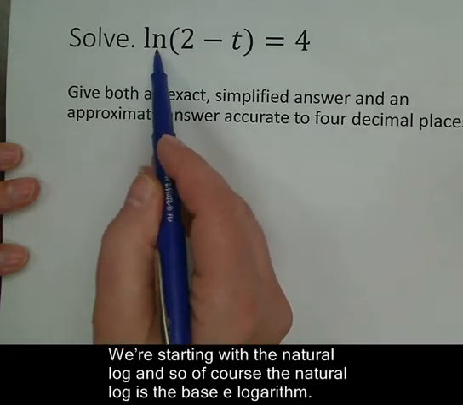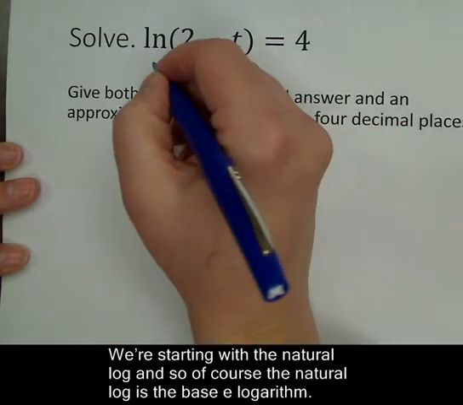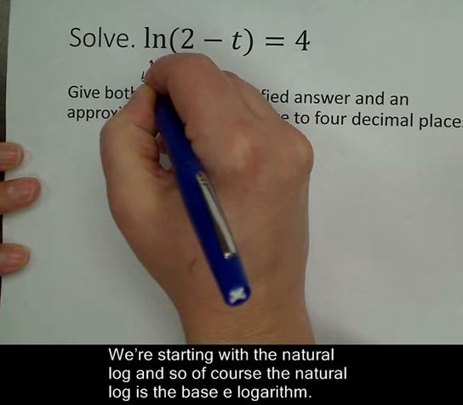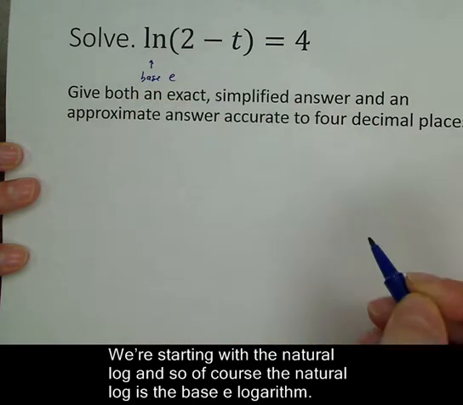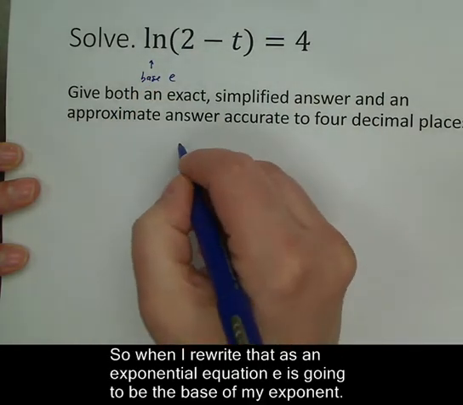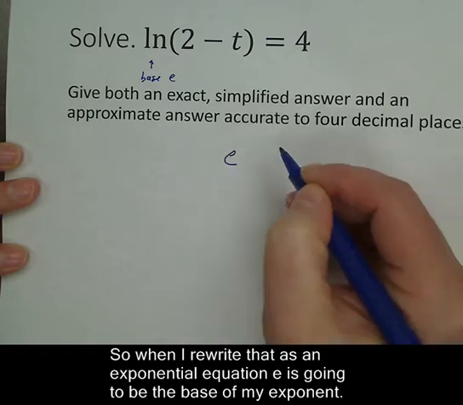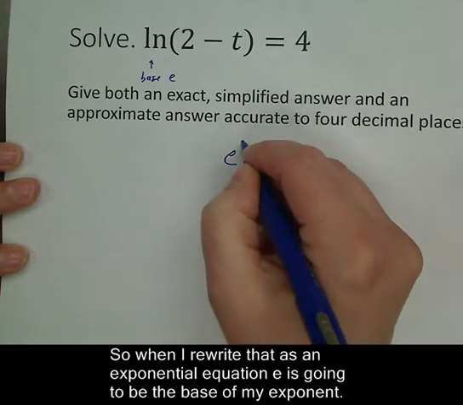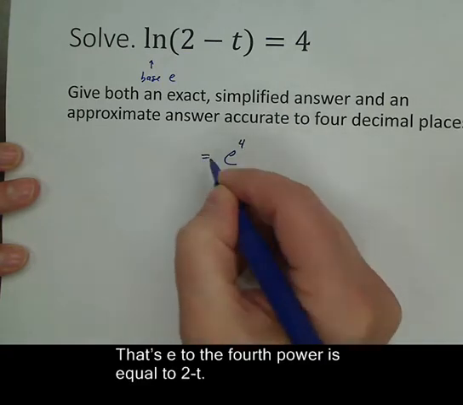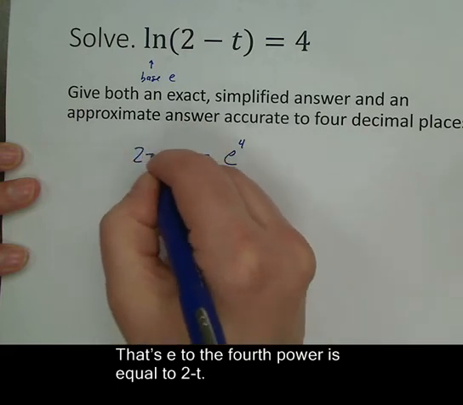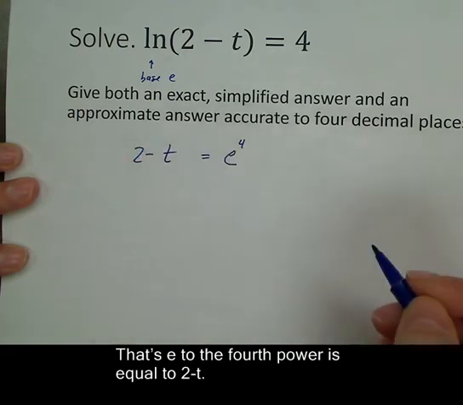We're starting with the natural log, and so of course the natural log is the base e logarithm. So when I rewrite that as an exponential equation, e is going to be the base of my exponent. So that's e to the fourth power is equal to 2 minus t.